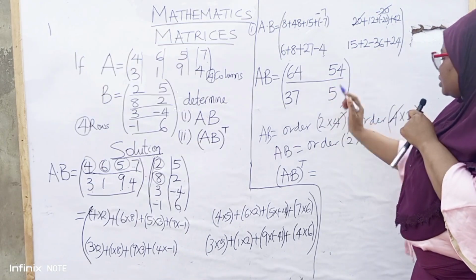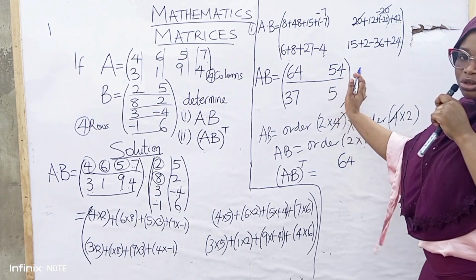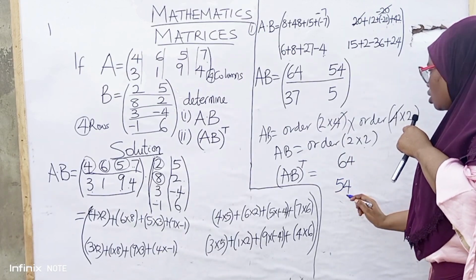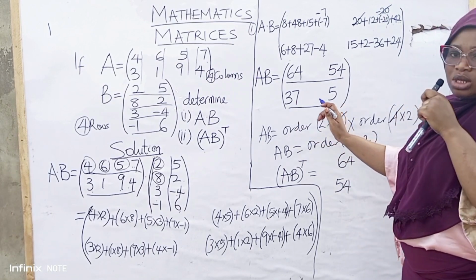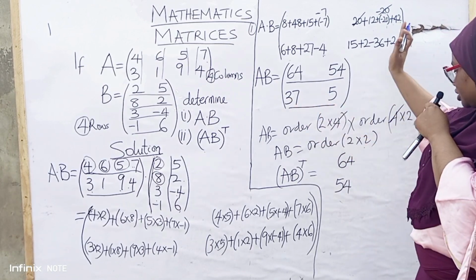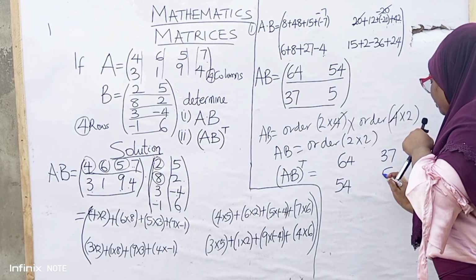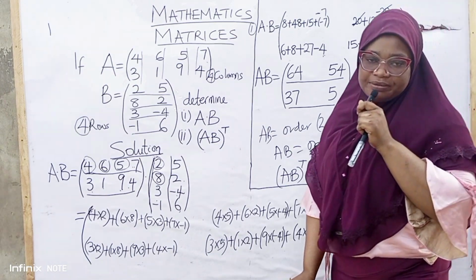So 64, 54 will now be arranged as vertical instead of horizontal. So we have 64, 54. Also 37 and 5. So this horizontal row will be arranged vertically now, to be 37 and 5. So that is the transpose of AB.